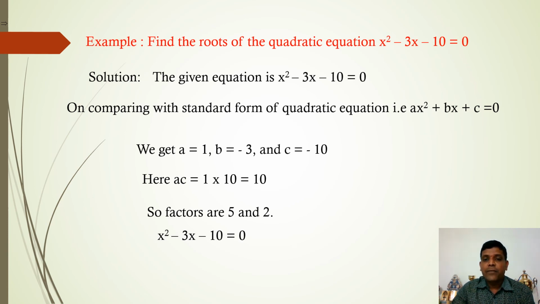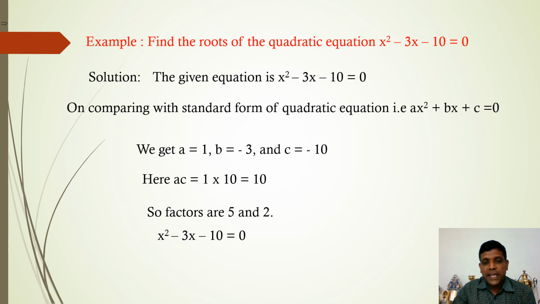Comparing with the standard form of the quadratic equation, ax square plus bx plus c equal to 0, here a equals 1, b equals minus 3 and c equals minus 10.